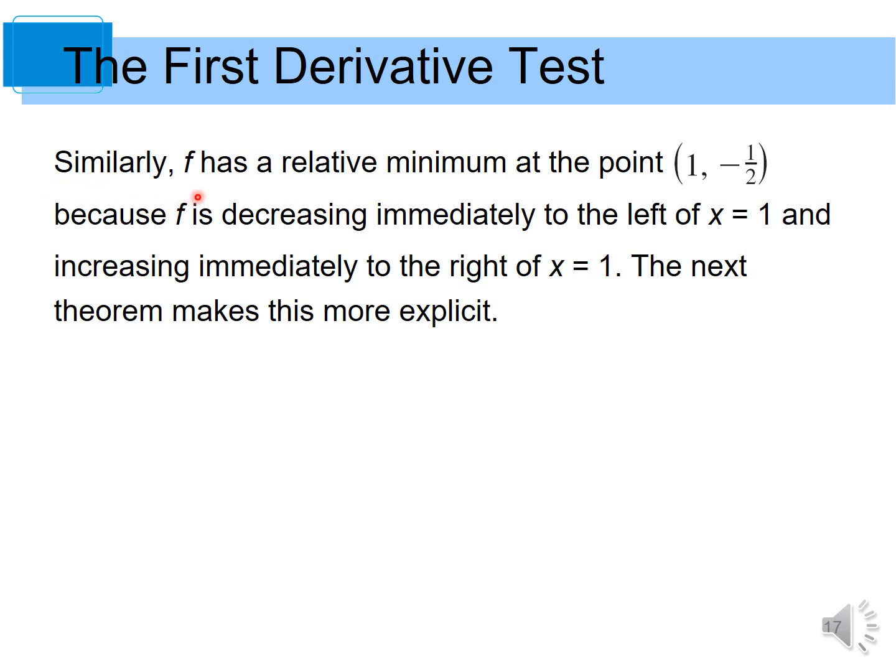Similarly, f has a relative minimum at the point (1, negative half), because f is decreasing immediately to the left of x equals 1 and increasing immediately to the right of x equals 1.